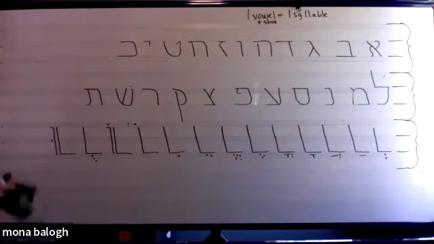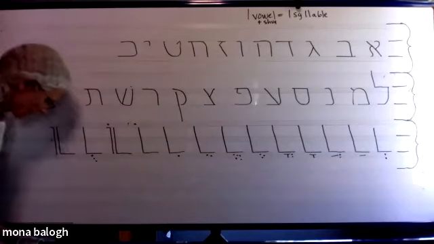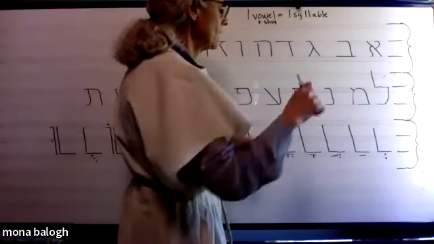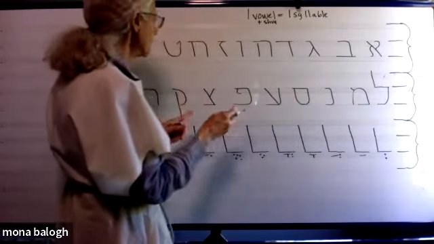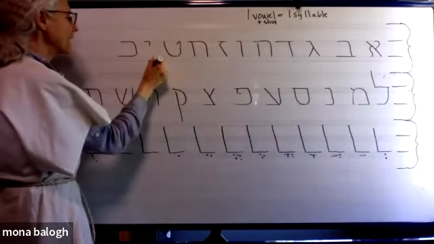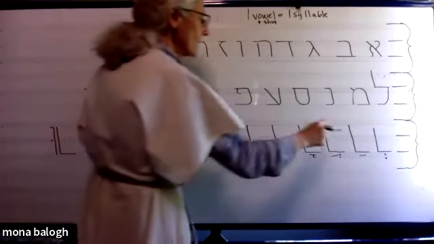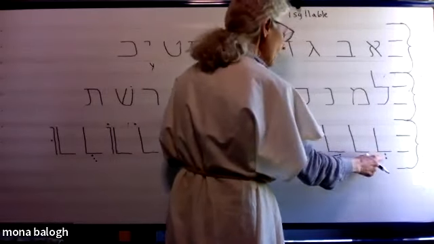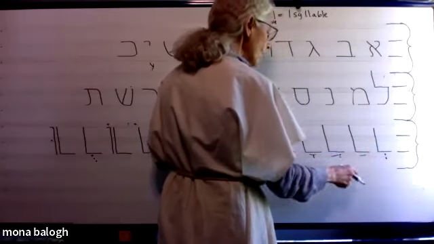Now we're going to add the yud. When you add a yud, you're adding a Y sound to the sound. So you can't make it with the shava. You can't put the yud sound with the shava, it won't work.